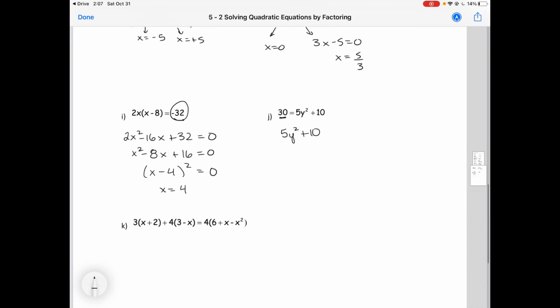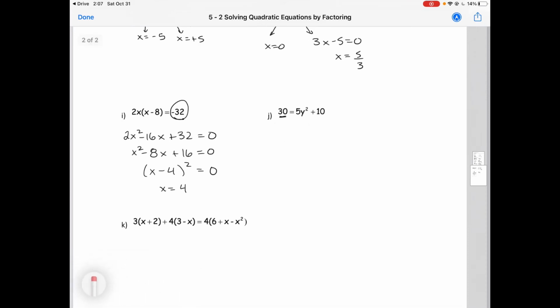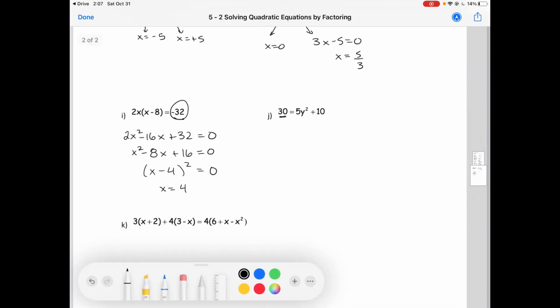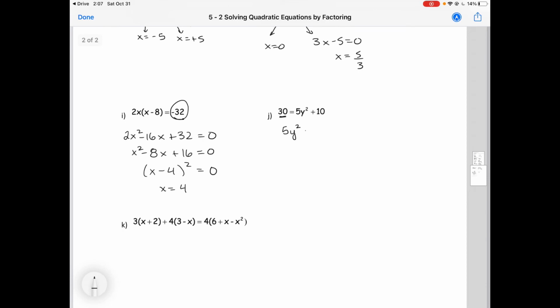What that's going to do is give you a quadratic equation that doesn't have a y term in it, so you can solve it a little bit faster using a shortcut or a trick. So 5y squared is going to be equal to 20. That's just taking the 10 over to be on the same side as the 30.